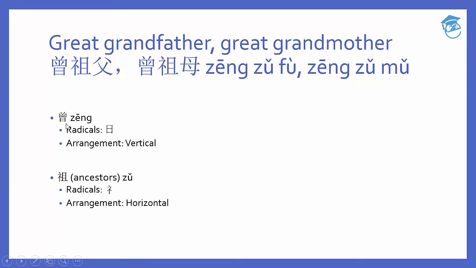This one is 曾. It has many meanings and has different sounds in different contexts, but for this one I just want you to learn that it is used in great-grandparents in this Chinese family tree. So this is the radical, what's at the bottom there. The arrangement is vertical because you have a top and bottom component.